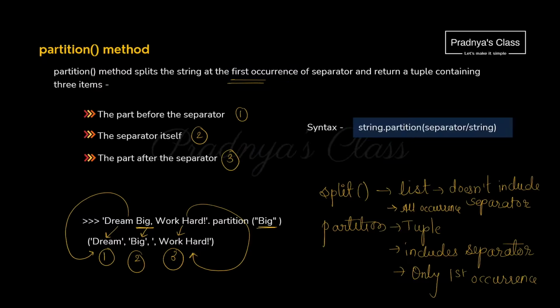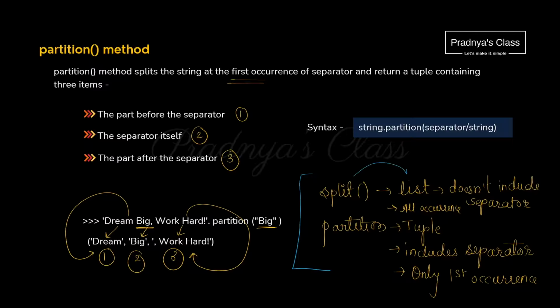The first element of the tuple will be the part before the separator, the second element will be the separator, and the third element will be the part after the separator. Look at this example, the separator is "big", so we are getting big here. Before the separator, here is the first element, the separator itself is the second element, and the remaining string is the third element. So that is the difference between split and partition.